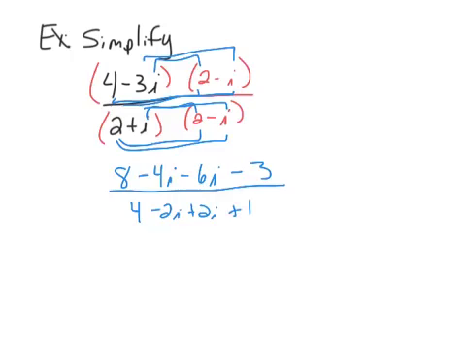So to simplify, we end up with 8 minus 3 is 5 minus 10i all over 5, which reduces down more. Oh wait, so I can reduce the 5 and the 10 with the 5 in the denominator, and my final answer ends up being 1 minus 2i.